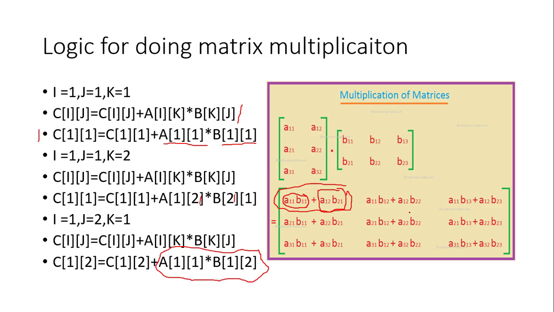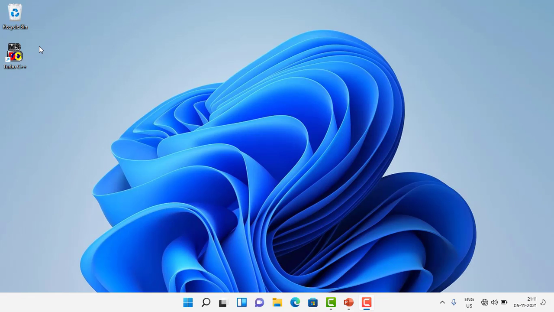That means the value for C of 1, 2 is brought up. Here A of 1, 1 and B of 1, 2 is carried out. In such a way, the multiplication is going on. Now we have implemented the logic successfully. Next we have to write the program. With these ideas and logic, next we have to write a C program for doing matrix multiplication.